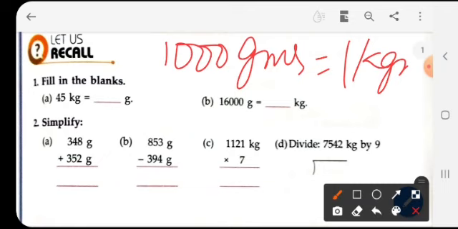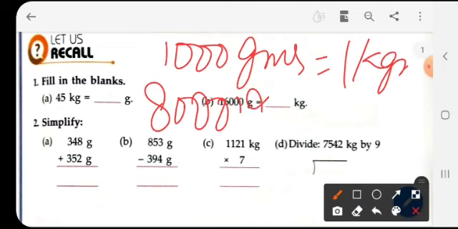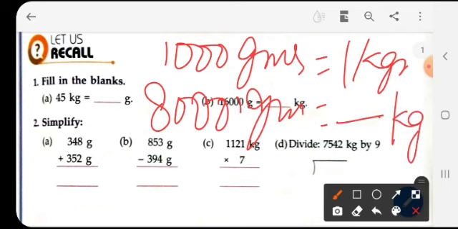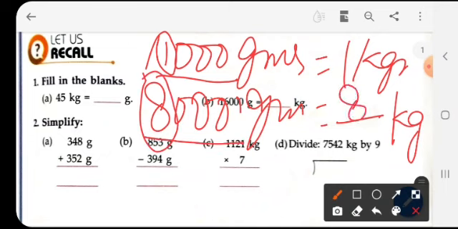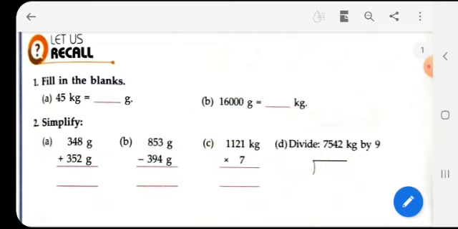If we are given that 8000 grams is equal to how many kilograms? Obviously, if 1000 grams is equal to 1 kilogram, then 8000 grams will be equal to 8 kilograms. Right? Now let's recall with some of these exercises that are given here.